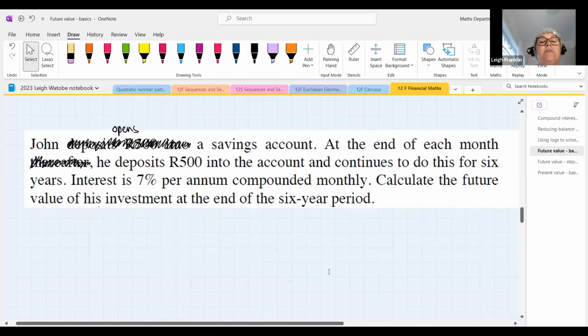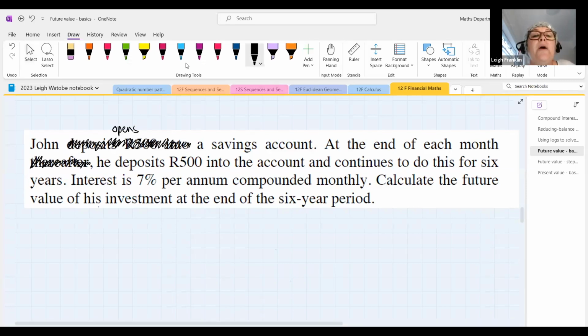I'm not going to say anything. Let me just write the future value formula here for you. I just want you to practice this by yourselves. So I'm going to give you this question to do and the one below it.